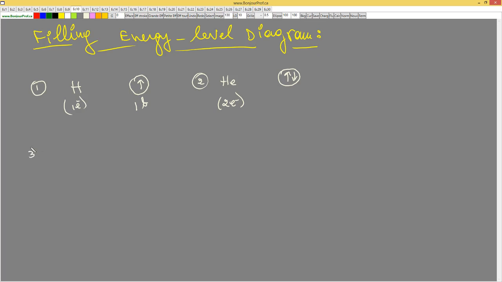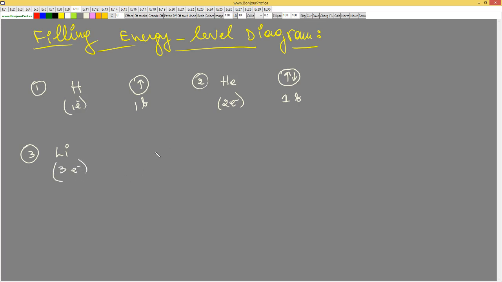For lithium, this one is 2s, 1s, and we put 1s like this one. For lithium, 3, it has 3 electrons.